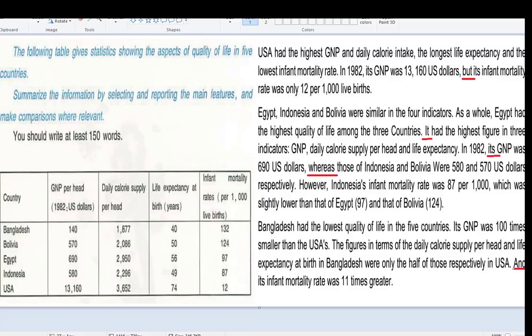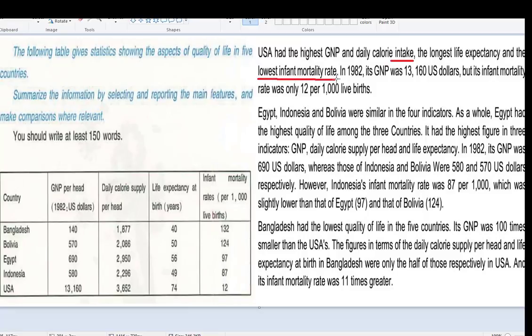In terms of vocabulary, let's see. Daily calorie intake, daily calorie supply. Okay, so it's a little bit of a paraphrase here. Life expectancy, well, it's very difficult to paraphrase that, so that's fine to use the same phrase. Lowest infant mortality rate.